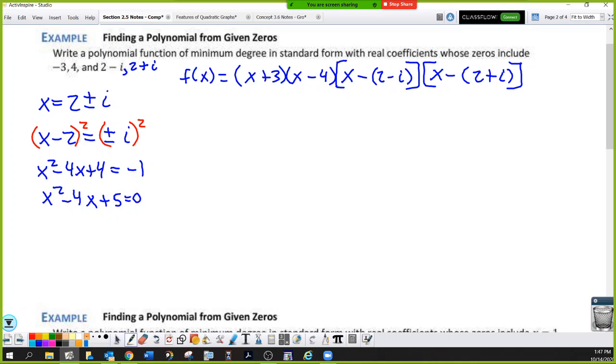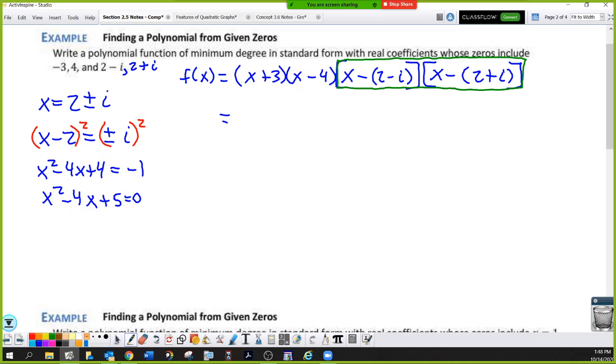The two complex zeros of 2 plus i and 2 minus i come from the quadratic x squared minus 4x plus 5. And we did that without foiling anything. So these two bracketed deals here would have foiled out to be the quadratic that I just found, x squared minus 4x plus 5. So much faster than actually foiling. It's just much, much better.